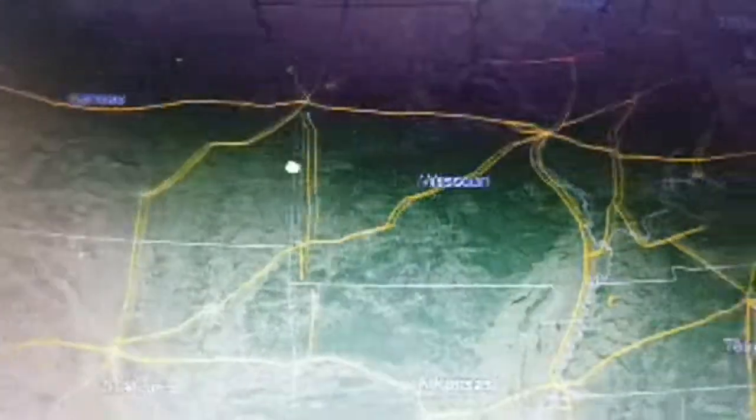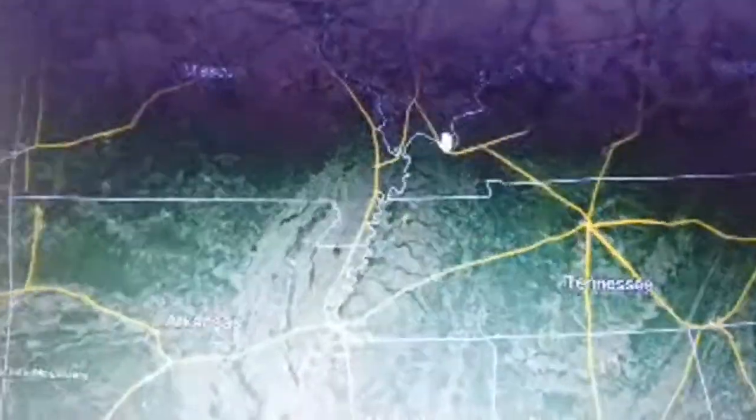Now, I think with why thousands of African Americans went to Kansas, this is what I see. You have the Mississippi River right here.